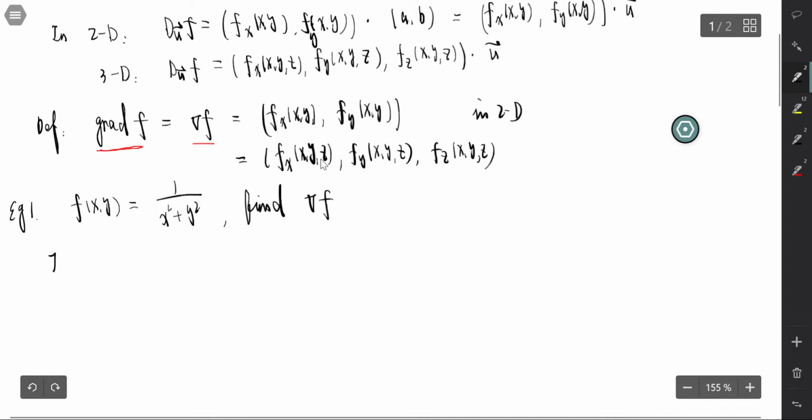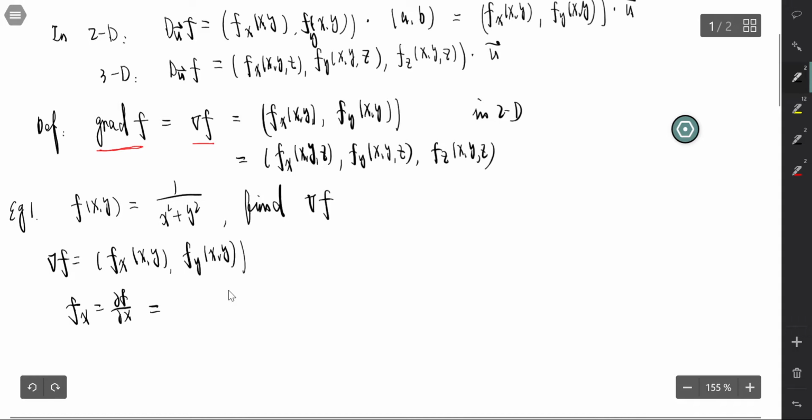The gradient f is (f_x, f_y), because this is 2 dimensions. f_x is partial f partial x. Use the quotient rule, or use the power rule.